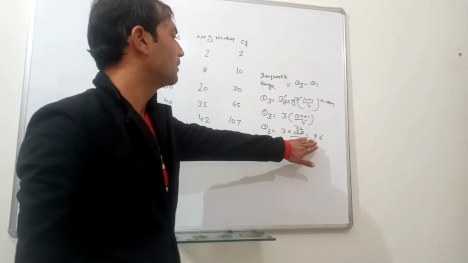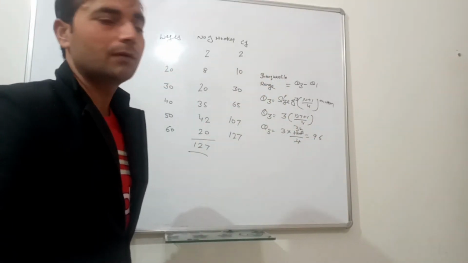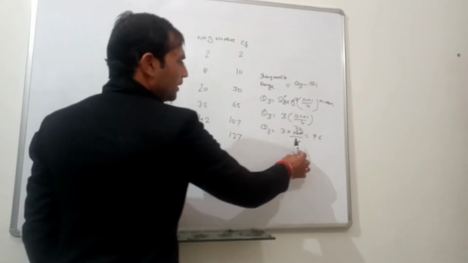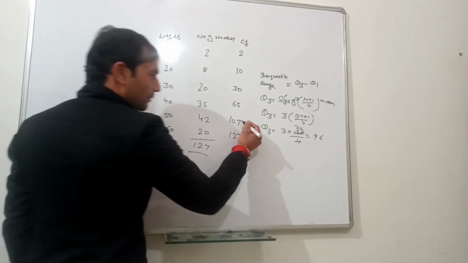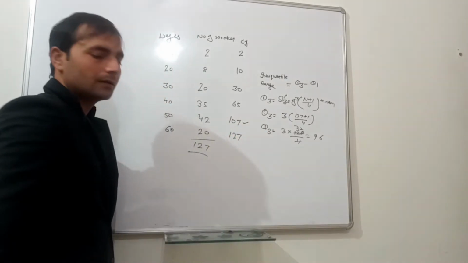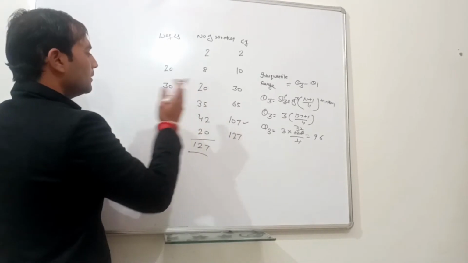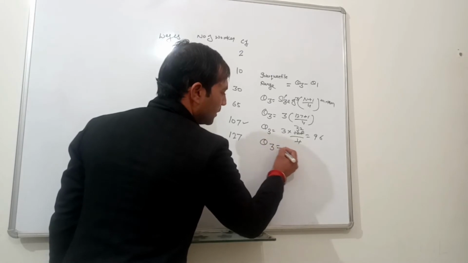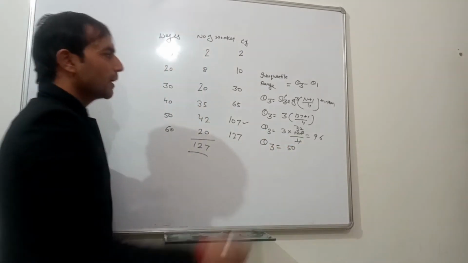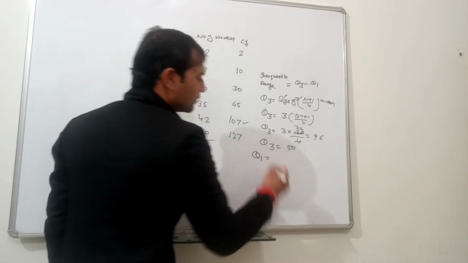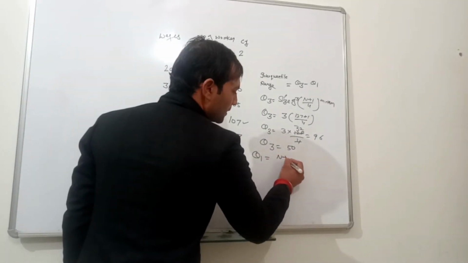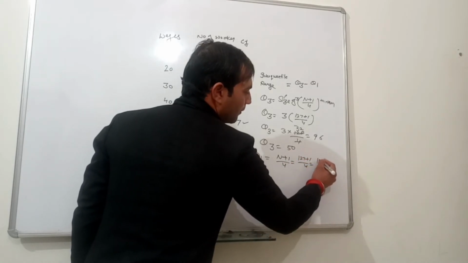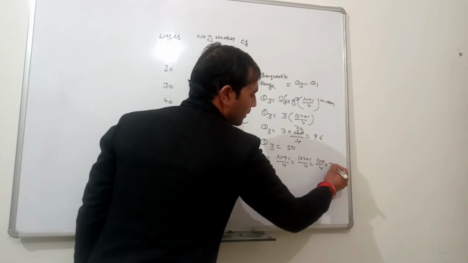Now we check the value of 96 in the cumulative frequency. For quartile 3, we select 107 and the value of the variable, that is wages, is equal to 50. So quartile 3 is equal to 50. Now we calculate quartile 1, which is (n plus 1) divided by 4, that is 127 plus 1 divided by 4, 128 divided by 4.